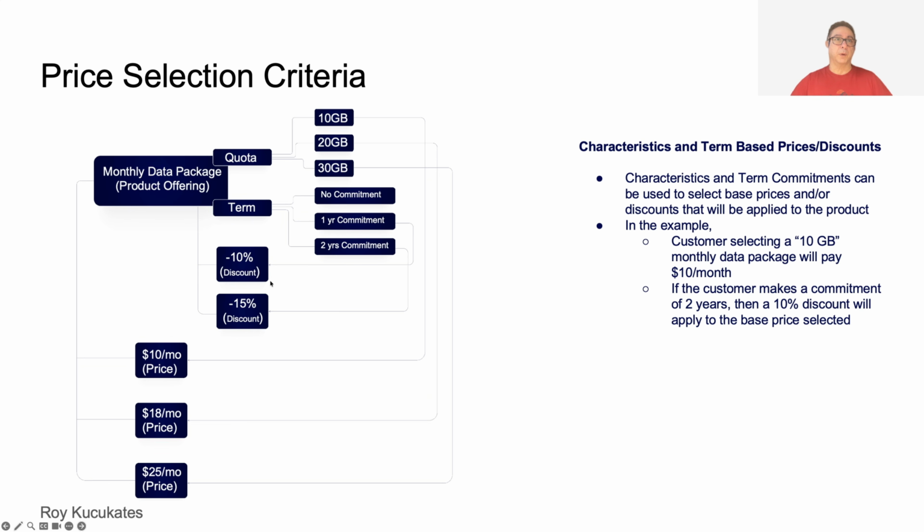If there is no application period, this means forever, or sorry, until the end of this term commitment. Or if you make a 2-year commitment during the purchase, you get a 15% discount over these prices. Of course, there should be associations from these discounts towards these 3 different product offering prices, so that we know what the target of this discount is. Usually it is associated to all of these prices.